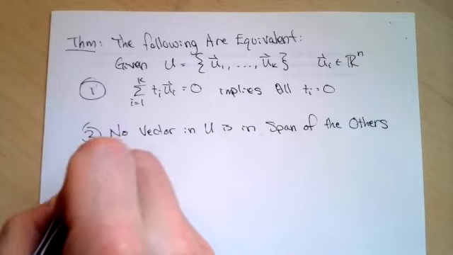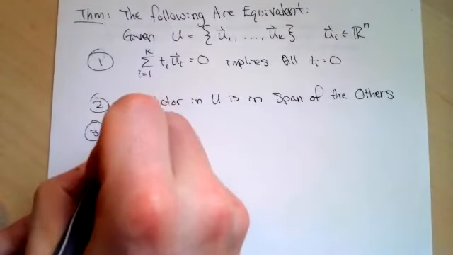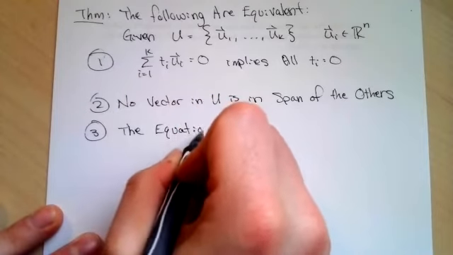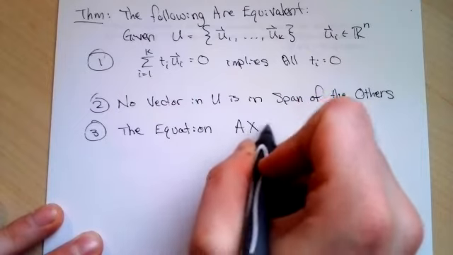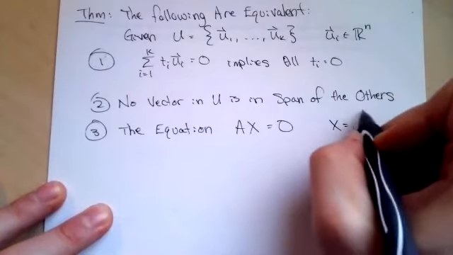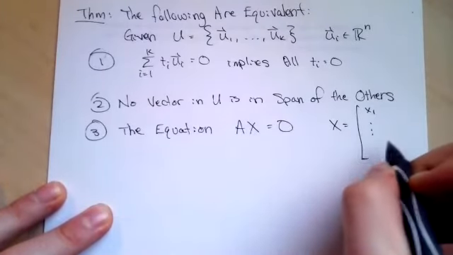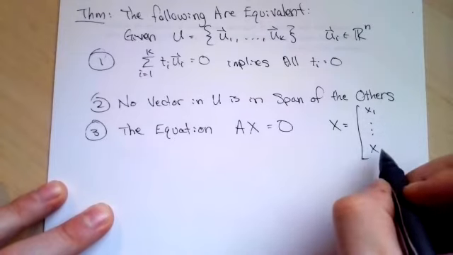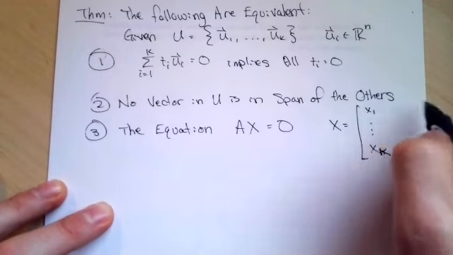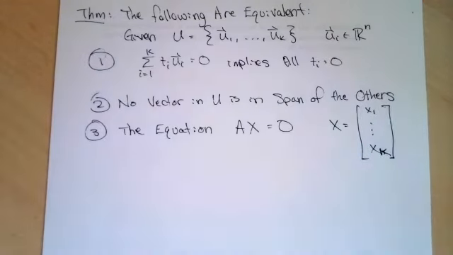And then it is also the same as saying the equation Ax equals 0, where we think of this x, x1 to xk, excuse me, as our vector of coefficients or our vector of scalars, like that t1 to tk.